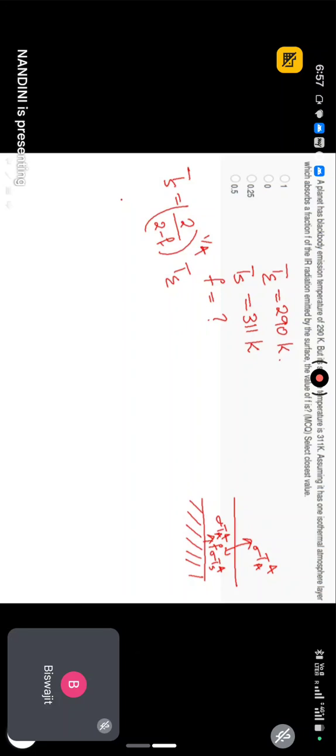Can you do it? So Ts, 311, is equal to 2 by 2 minus F, the whole raised to 1 by 4, into Te, which is 290.